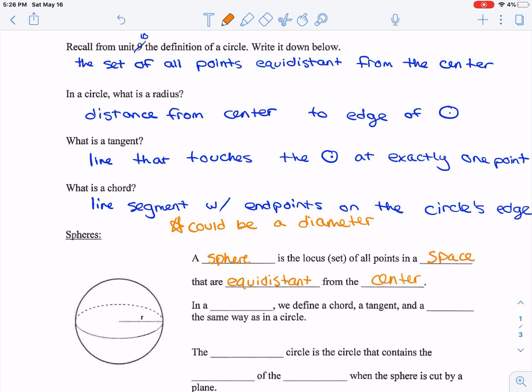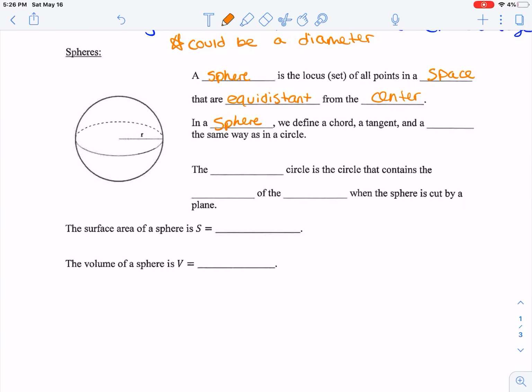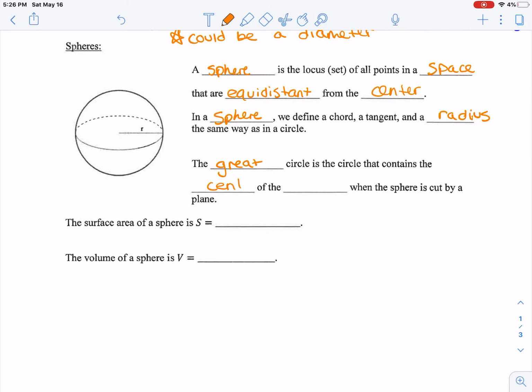In a sphere, we define a chord, a tangent, and a radius the same way as in a circle. Okay? And here we have the great circle, which is the circle that contains the center of the sphere when the sphere is cut by a plane. So right here, I'll put it in green, this right here would be considered the great circle, okay?